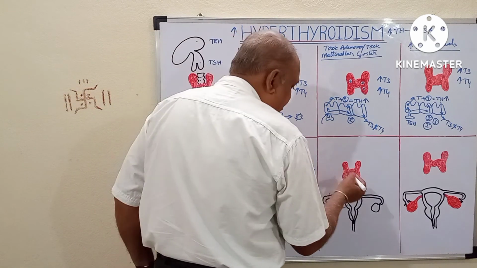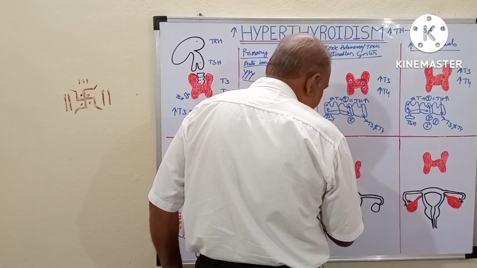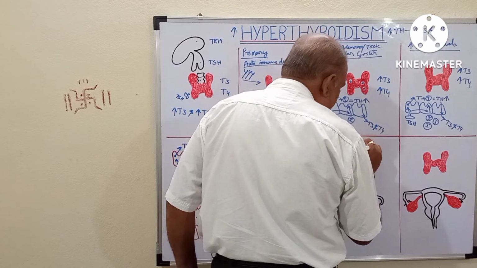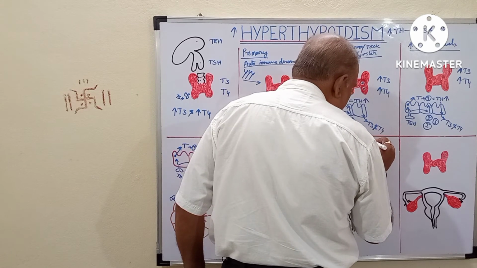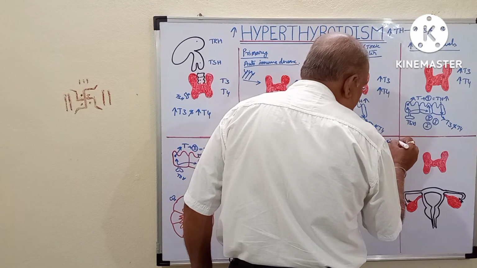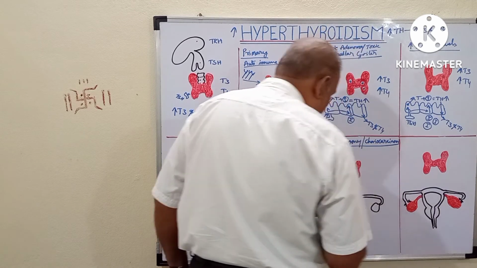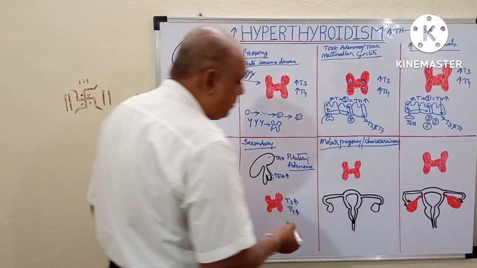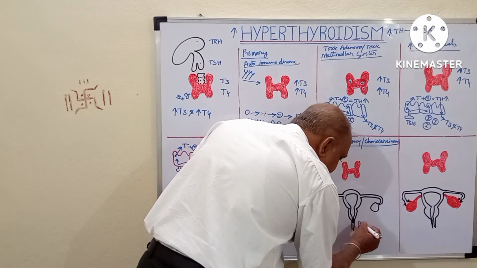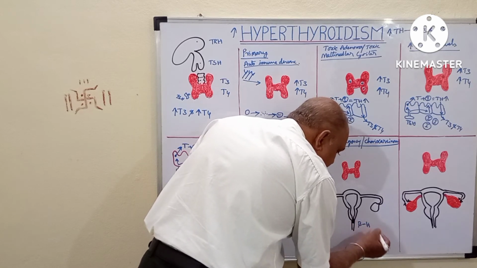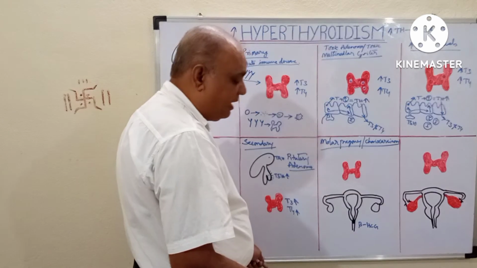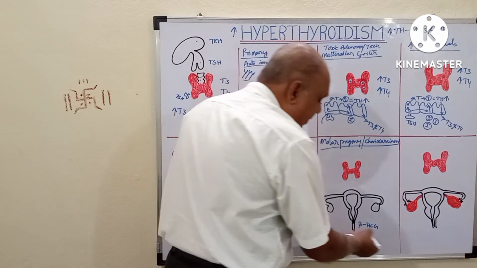In secondary hyperthyroidism, next is molar pregnancy or choriocarcinoma. In molar pregnancy or choriocarcinoma, during gestation we check beta human chorionic gonadotropin levels, which we call beta HCG levels.